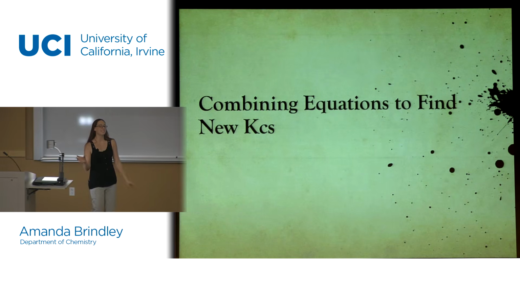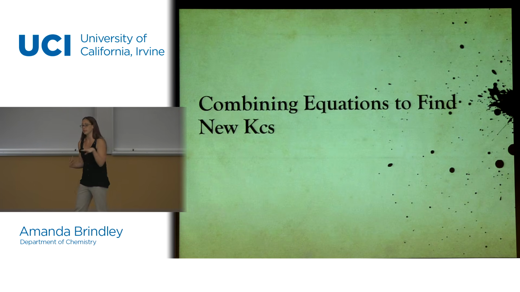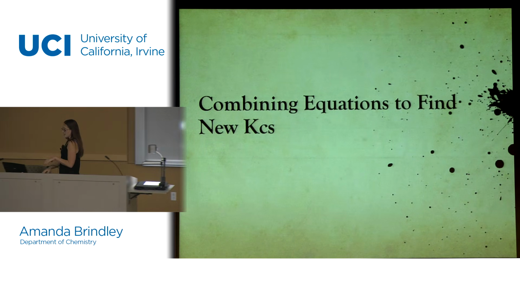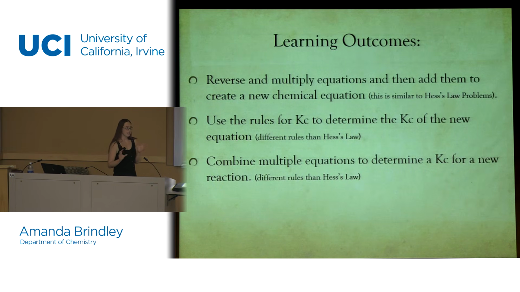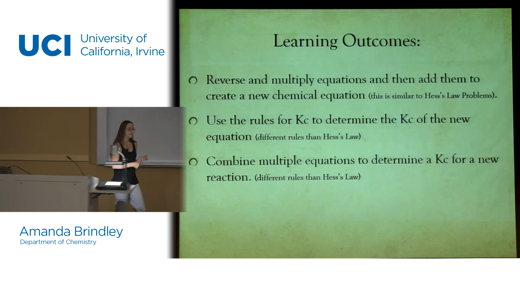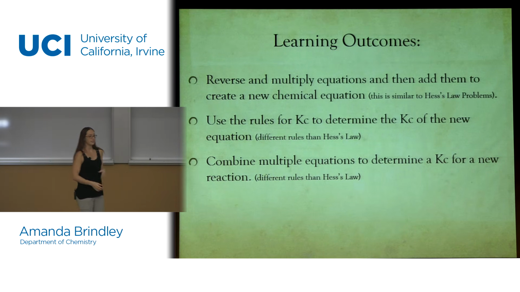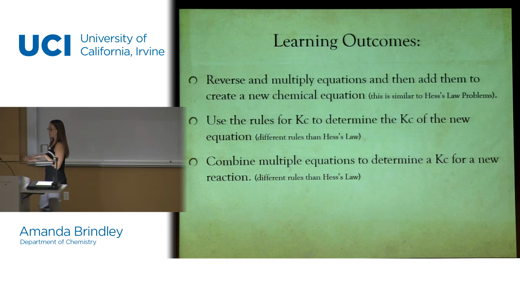All right. Now let's take what we just did and expand it a little bit. Let's go through putting them together and using this to manipulate things around. We want to be able to look at different equations and see what we need to do with them to get to whatever equation we care about. Generally, I will tell you what equation you care about, because you need to know why you care about it.